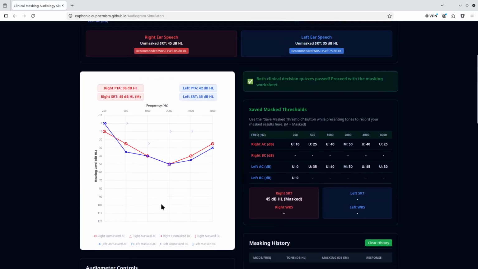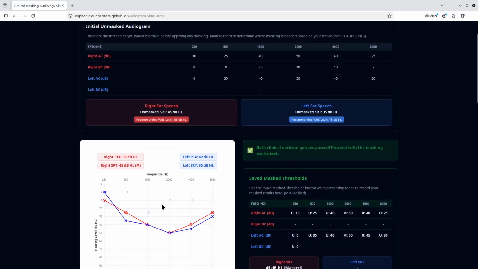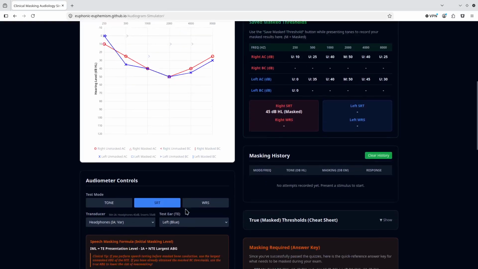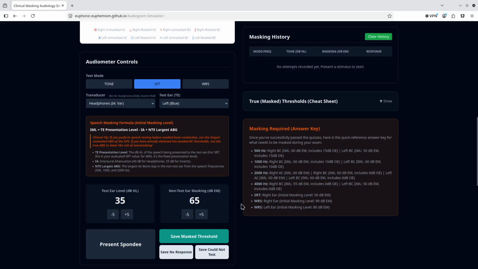Do we need a mask in that ear? I'm sorry, we don't need a mask for SRT. We need a mask for word rec. I'll double check down here. SRT, yeah, it was just the right ear. We don't need a mask for left ear SRT. We need a mask for word rec now.